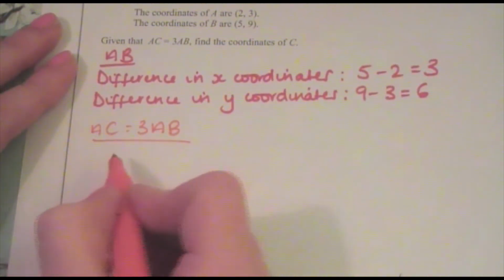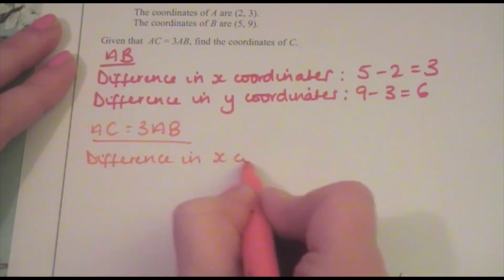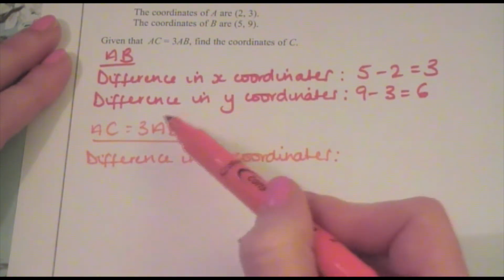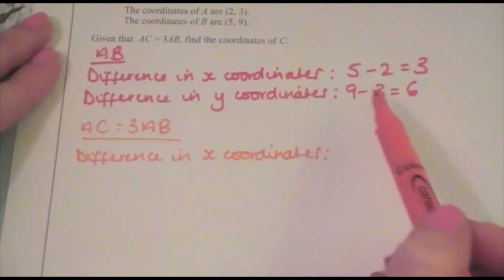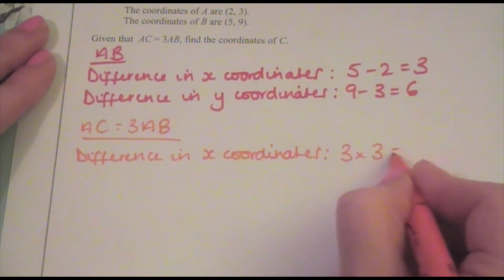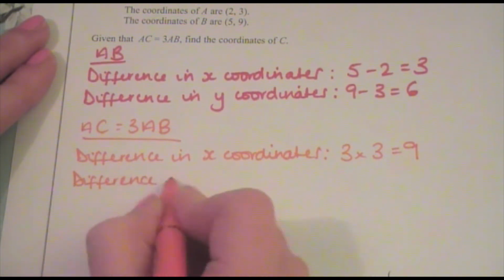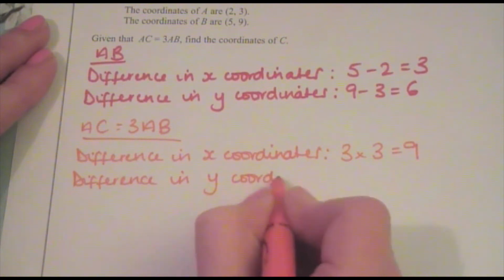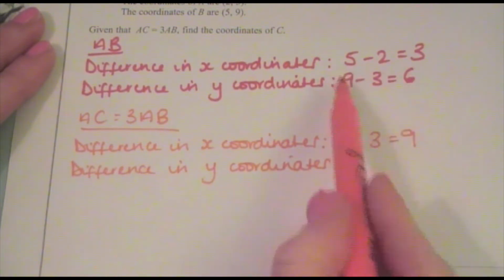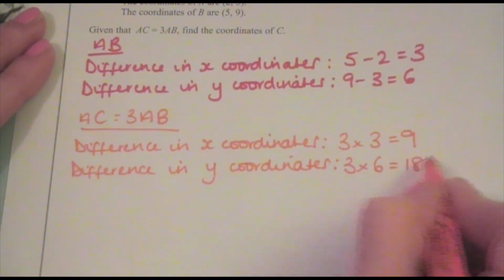Okay, so the difference in the x coordinates is going to be 3 times whatever the difference in the x coordinates was for AB. I know the difference in the x coordinates was 3, so I'm going to do 3 times my 3, which gives me 9. The difference in the y coordinates again is going to be 3 times whatever the difference in the y coordinates was for AB. So I'm going to do 3 times 6, which gives me 18.